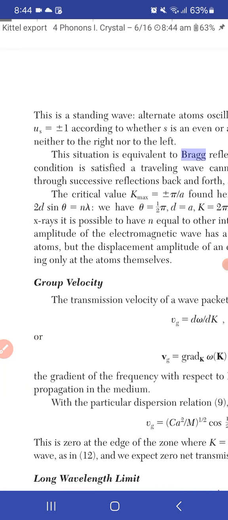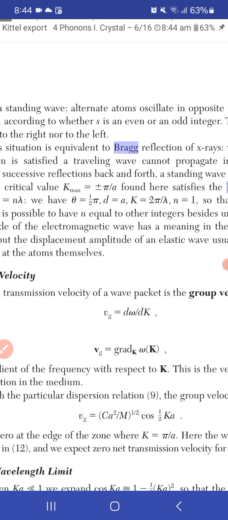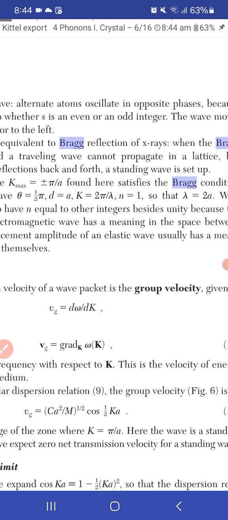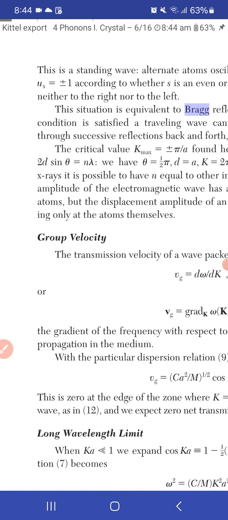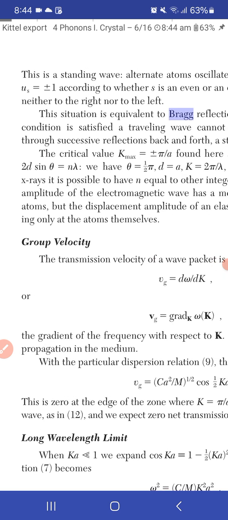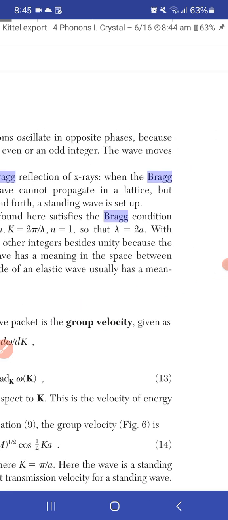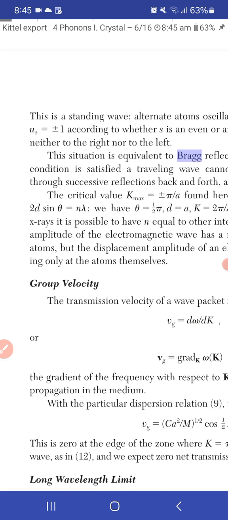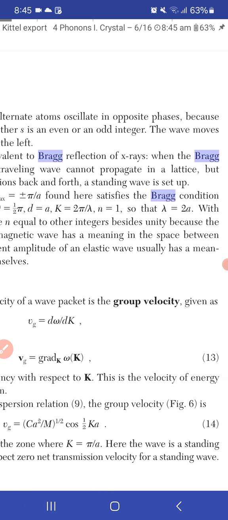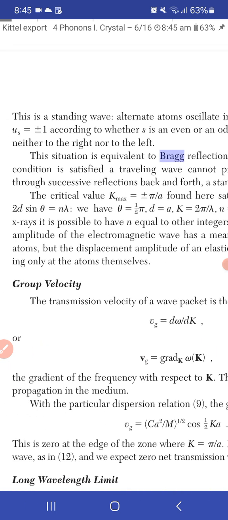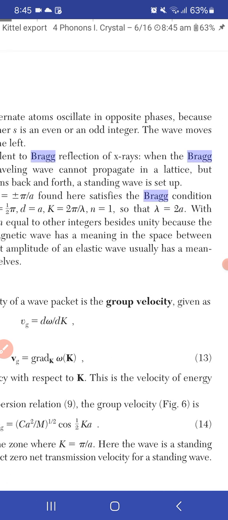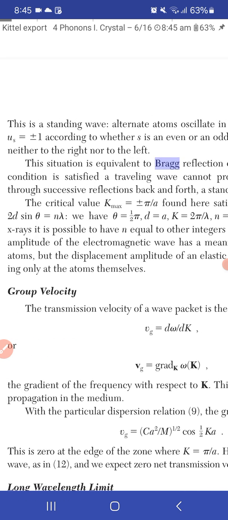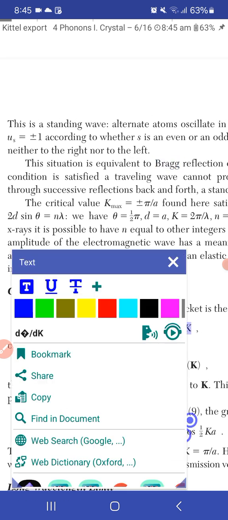With X-rays, it is possible to have n equal to other integers besides unity, because the amplitude of electromagnetic waves has meaning in space between atoms, but the displacement amplitude of elastic waves usually has meaning only at the atoms themselves.